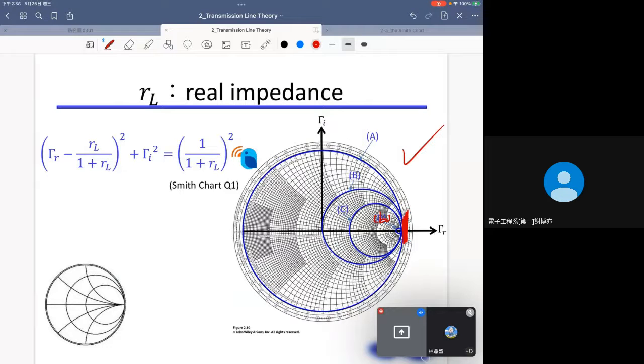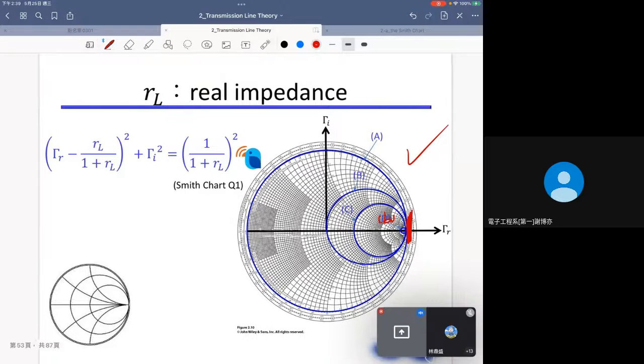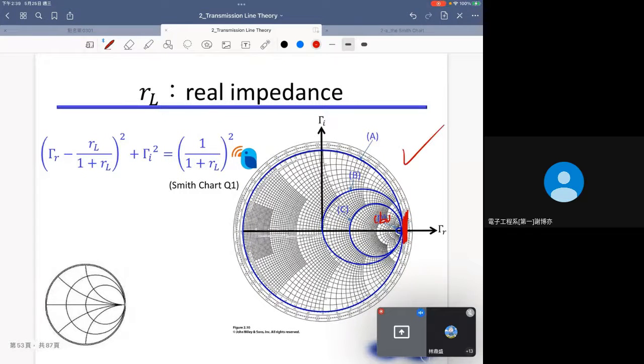Last week I tried to ask you some questions, right? What if the radius is infinite?